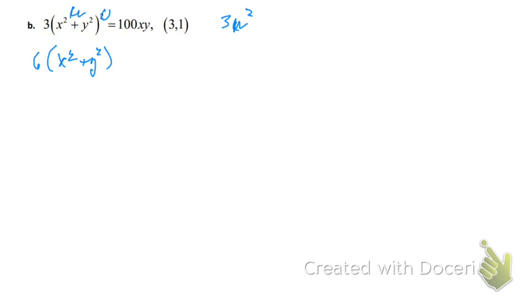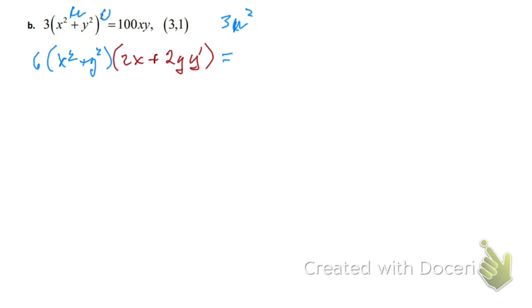Now then I've got to get the derivative of the inside part. I'll put that in red. So I'm adding two things together, so I can just add their derivatives. So I've got 2x plus 2y, y prime. Don't forget the y prime part.